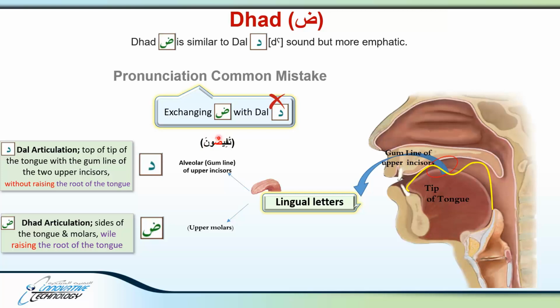If you don't pronounce the Dad properly, then you will pronounce it as a word which has a totally different meaning, making benefit. So you have to pronounce the Dad properly to give the proper meaning. The second is wrong. You should say it with Dad, not Dal.